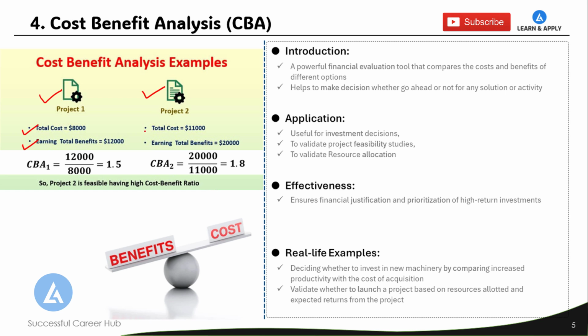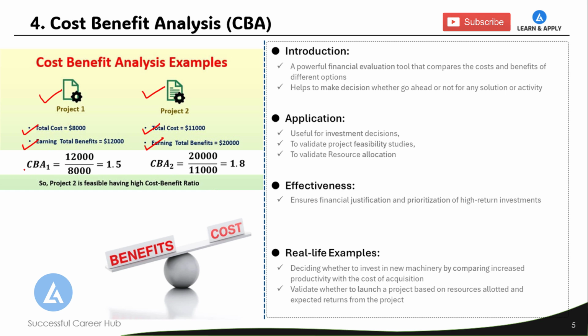Whereas for the project 2, the total cost of implementation is $11,000 and the total expected earning from this project will be $20,000. To make a decision about the project that we want to prioritize first, we can calculate the cost-benefit analysis ratio. This cost-benefit analysis is the ratio of what are the benefits from the project to the costs involved for the implementation of the project.